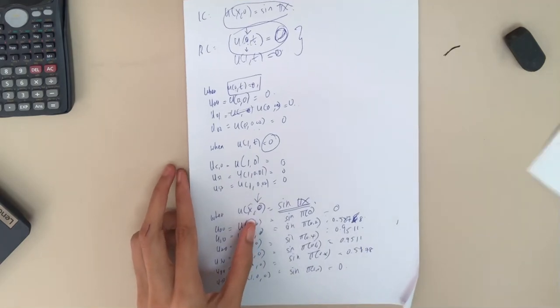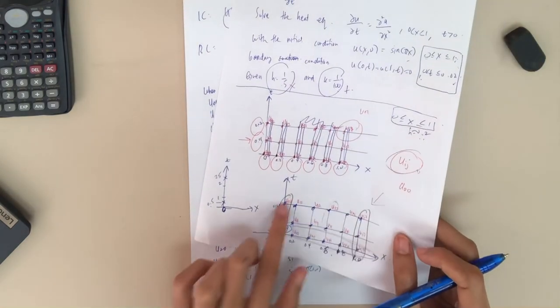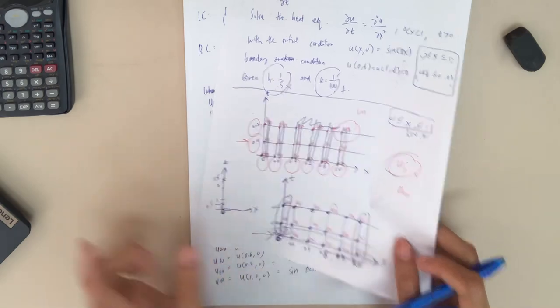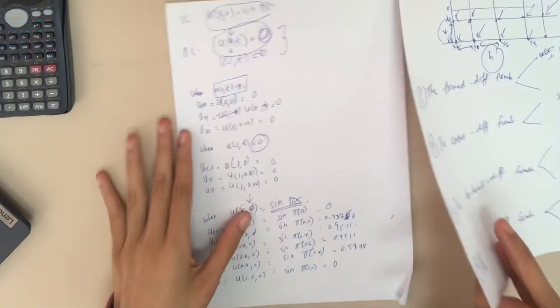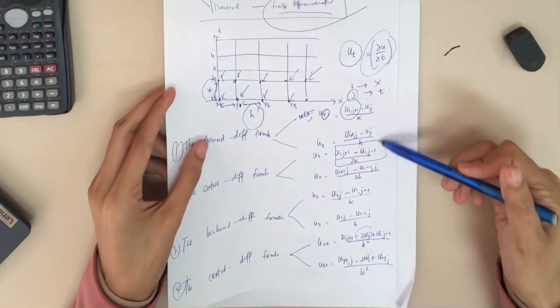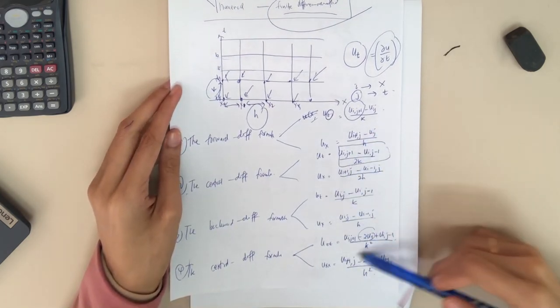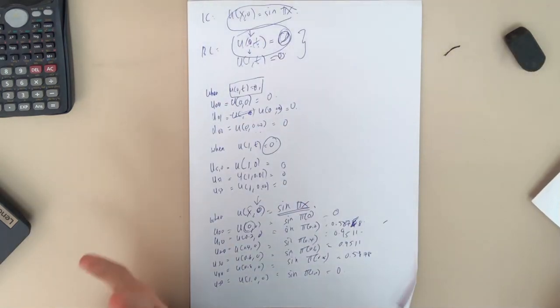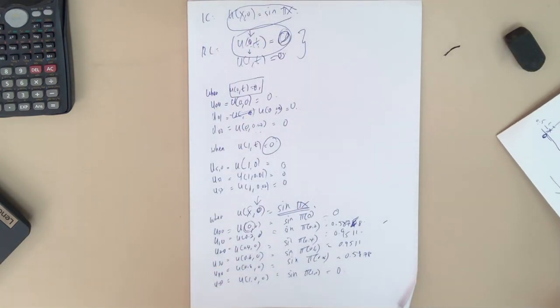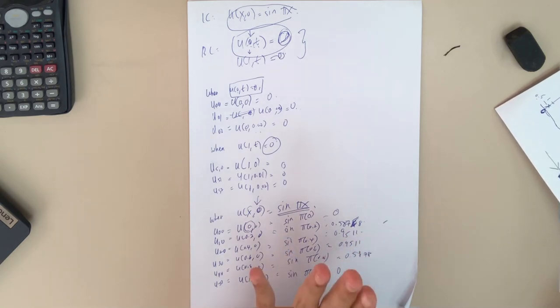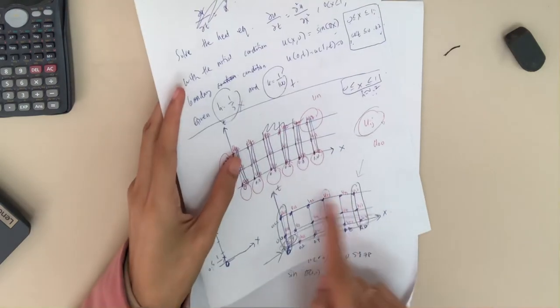To find these 8 points, untuk dapatkan value untuk 8 point ni pula, kita kena guna this formula. So I think I will stop the video here because it's already 26 minutes, and I will continue with the other 8 points left here in the next video.